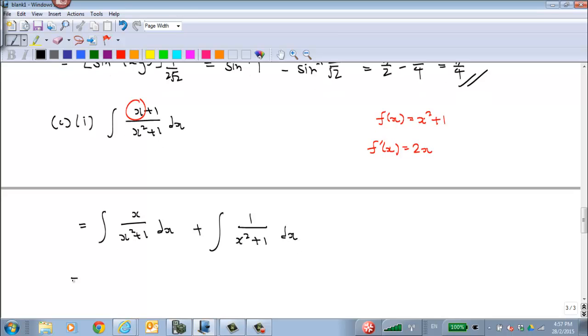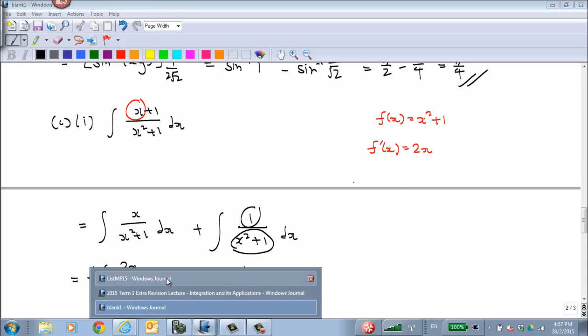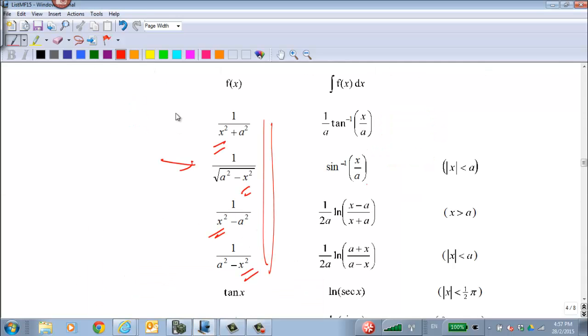Now, why do I want to split the integral? Because, like the strategy just now, for this particular part here, I can create a 2x, which is f prime x, by inserting a 2 and then a half outside. But then how do I handle this part here? Well, I see it as a quadratic with a constant on top, which belongs to the integration that can be found in your formula list.